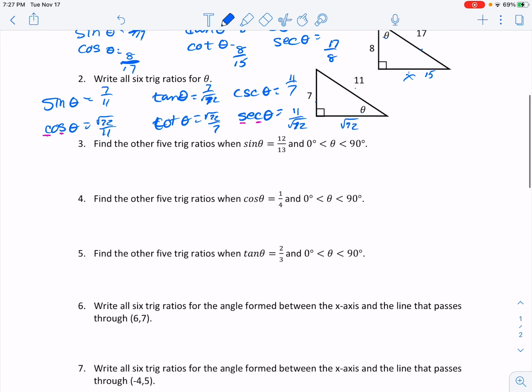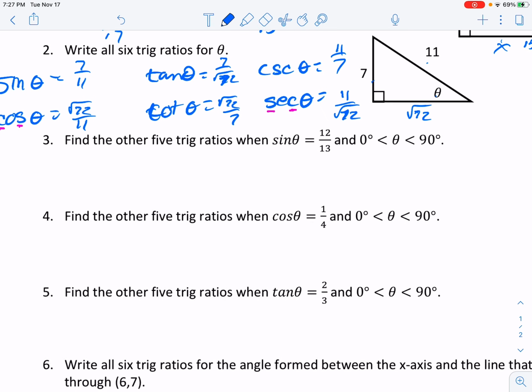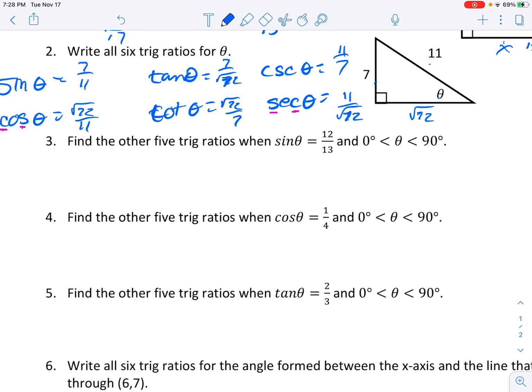Okay. Find the 5 other ratios, given that the sine is equal to 12 over 13. Well, draw your triangle. If all else fails. And I usually put my angle right here. Sine is opposite over hypotenuse. And what is the other side? 13 squared minus 12 squared is 5.